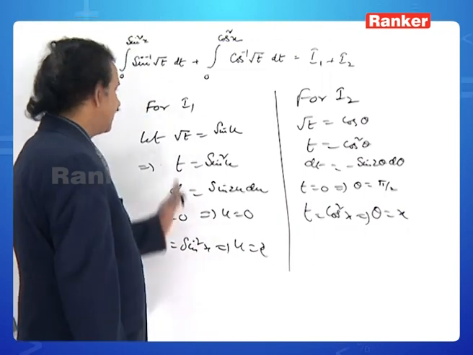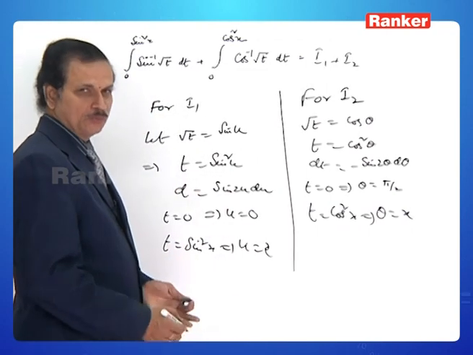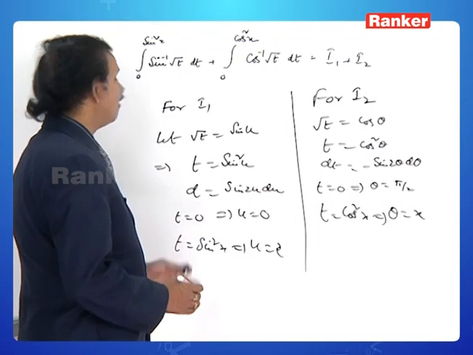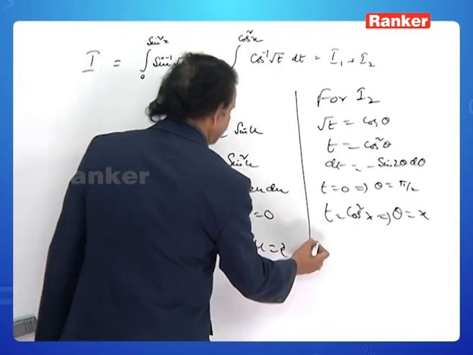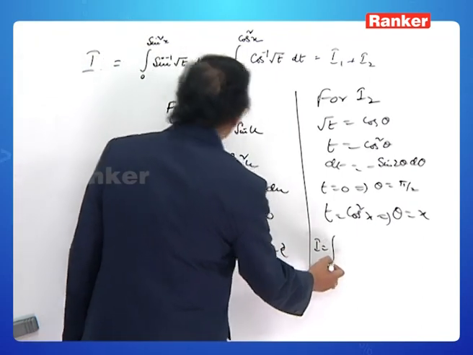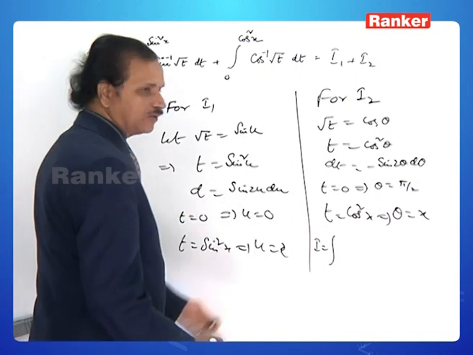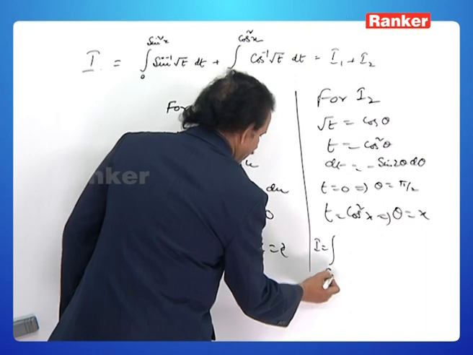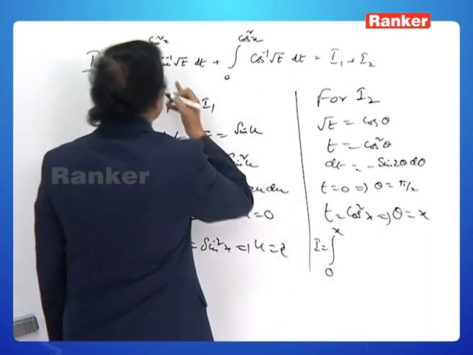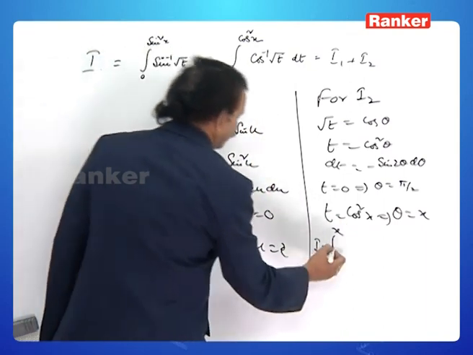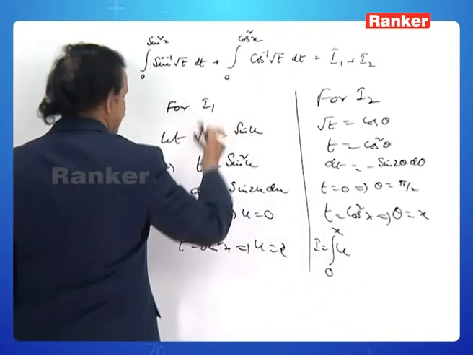Well, keeping these points in view, let us now look at I. I is therefore equal to, first of all, instead of 0 to sin square x, we should have 0 to x, sin inverse of root t, that is u. What is dt?